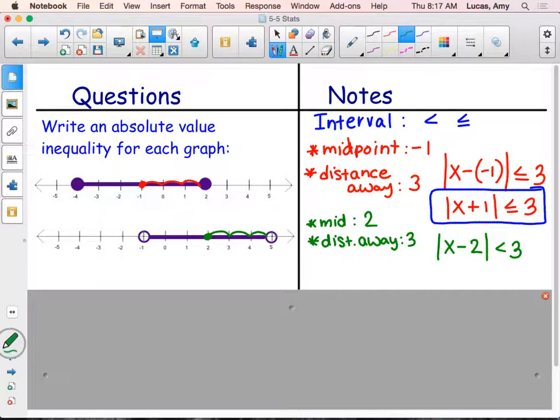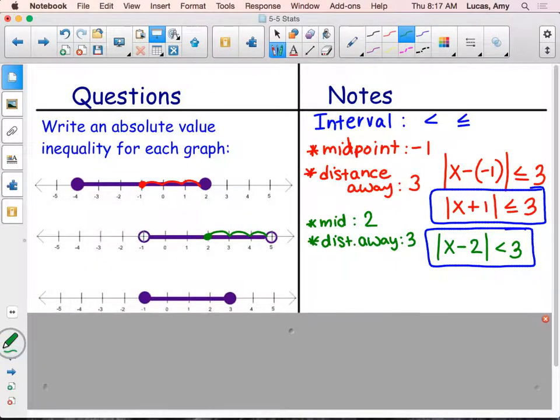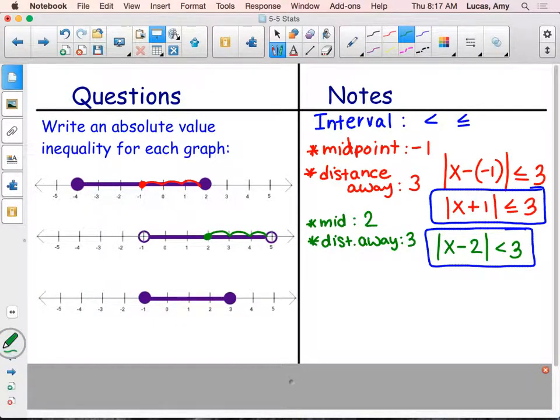It's less than 3 units away in each direction. And on this one, x minus 2 because it's a positive 2 and you subtract. So this one is done. And I used a less than symbol because it has open circles.